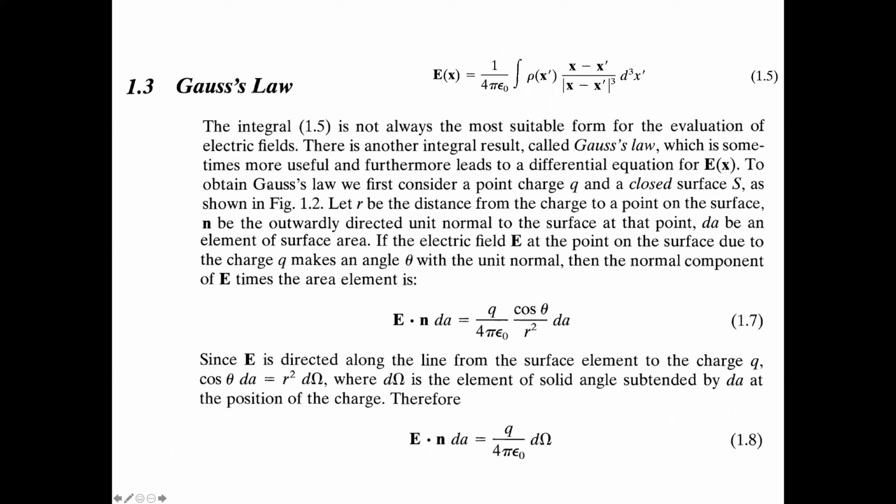To obtain Gauss law, we first consider the point charge Q in the surface S, and R is the distance between the charge and the point on the surface. N is the normal direction, and dA is the infinitesimal element of the surface area.